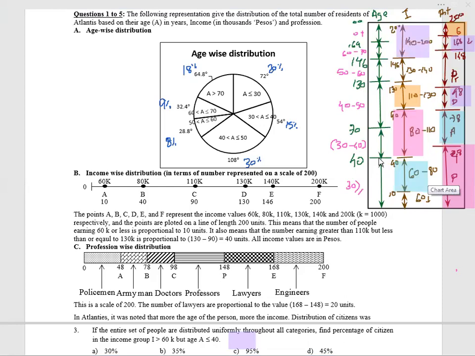Below 40 means up to this much. So we are dealing with this region. We're starting here and we will end here.